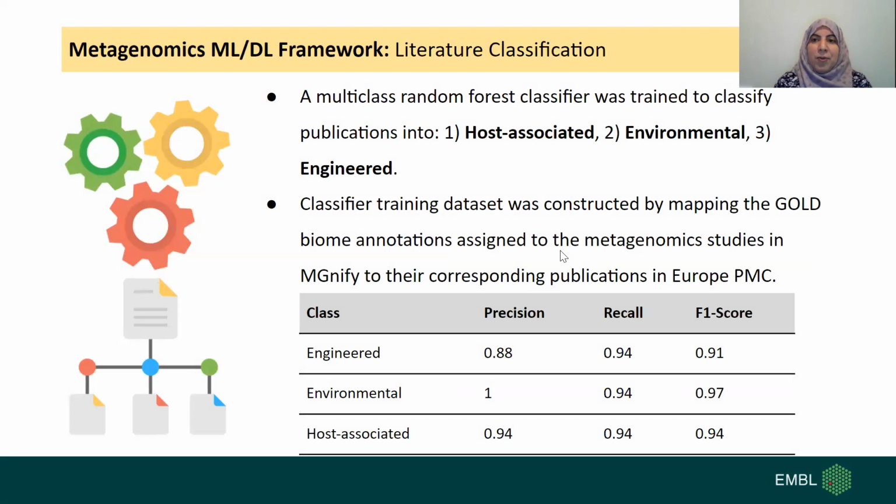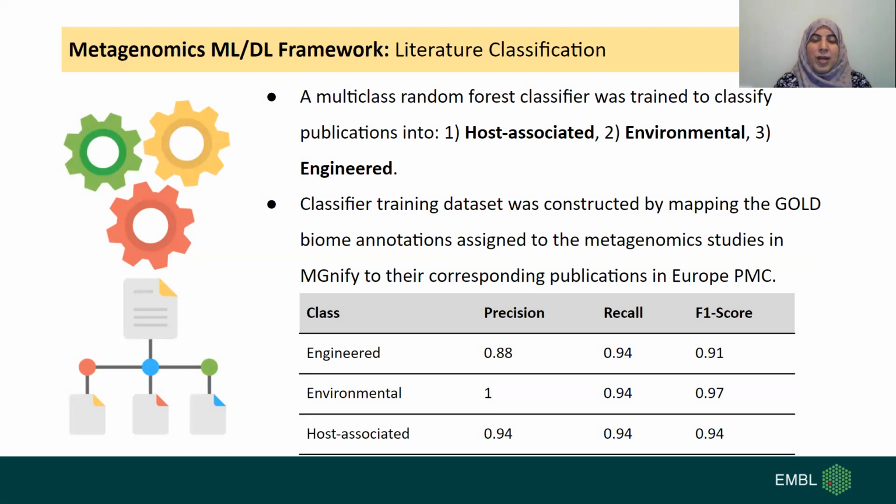So we went for covering all the microbiome environments, and accordingly, I needed to pick up some classes that can cover all this wide variety of environments. So I picked up the top hierarchical level of the gold ontology, which has 3 classes: host-associated, environmental, and engineered.